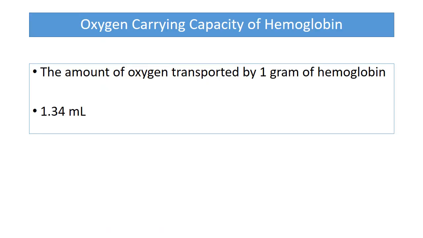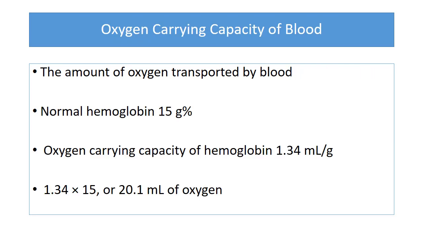Now regarding the oxygen carrying capacity of hemoglobin, 1 gram of hemoglobin can bind a maximum of 1.34 milliliter of oxygen. The amount of oxygen transported by the arterial blood, or you can say the oxygen carrying capacity of the arterial blood, is 20.1 milliliter of oxygen.